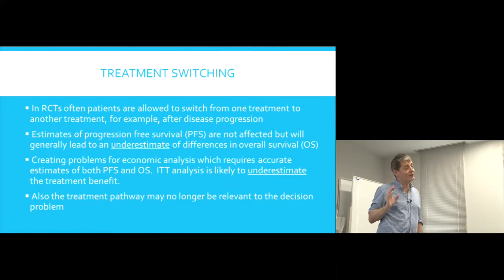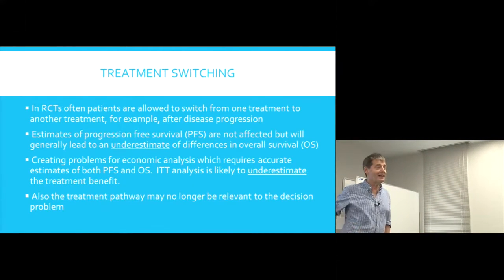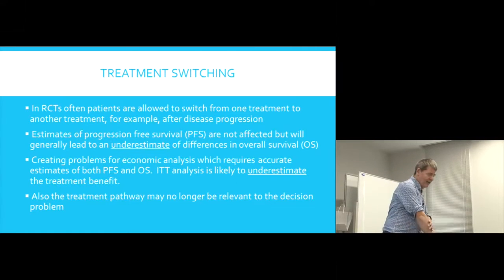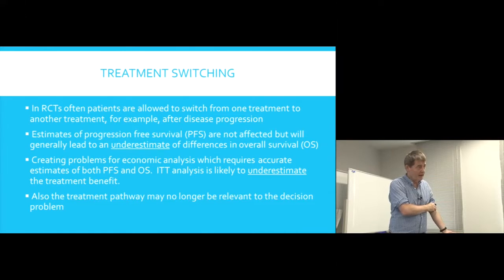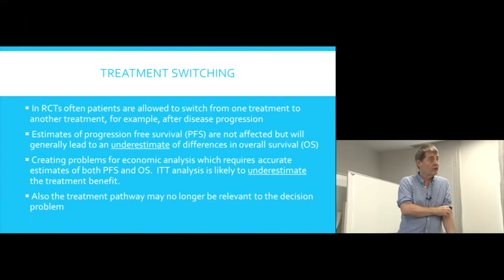Now, as if that's not enough of a problem, we then come to another problem, and it's called treatment switching. In randomized controlled trials, patients are frequently allowed to switch treatment.